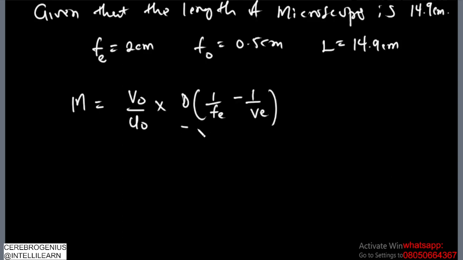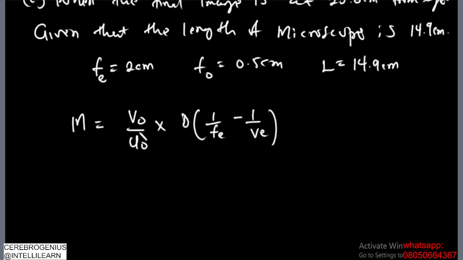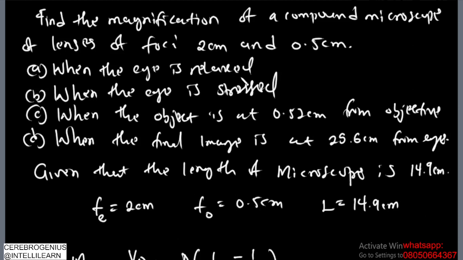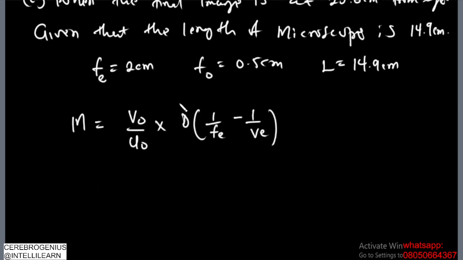Or you can replace this, but you can leave it like this. So now they said when the eye is relaxed. What's going to happen when the eye is relaxed?